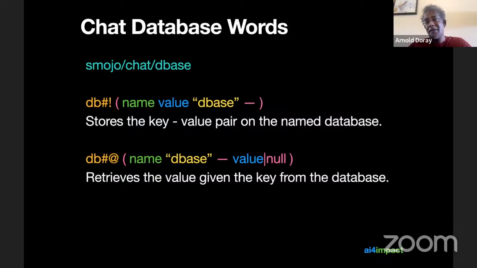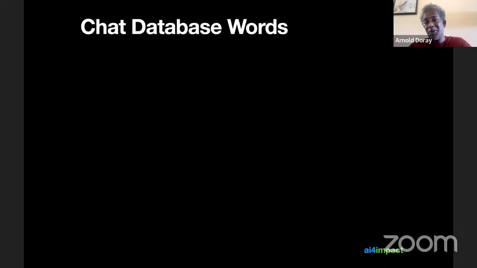This retrieves the key from the database. And last of all, there's also a database drop. I didn't write it, unfortunately, but I will show it to you later on, how you can actually drop. What it does is it removes the data from your database, and that can also be quite useful.